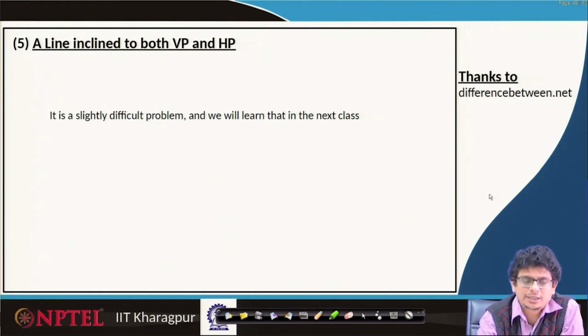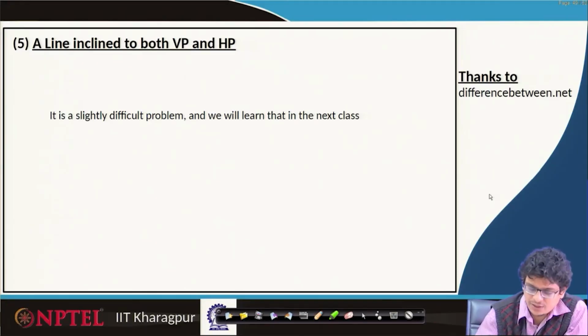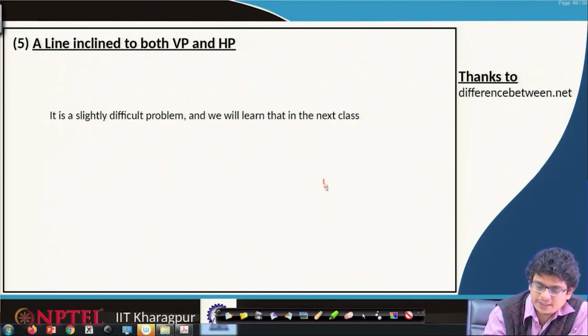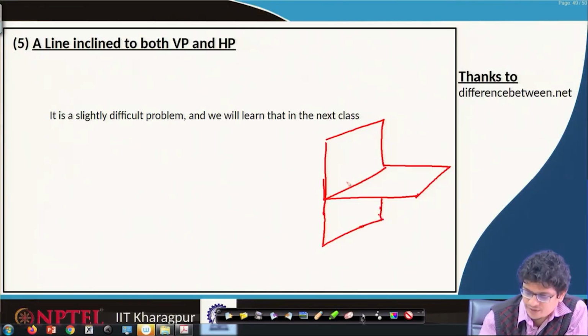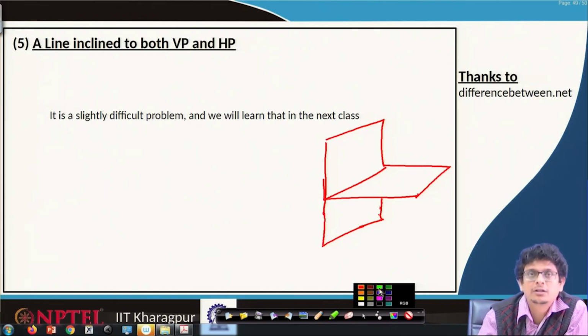We will look at this problem through examples, but by guessing it, what we have to do, if this is the vertical plane and this is the horizontal plane, the line has to be inclined to both vertical plane and horizontal plane.